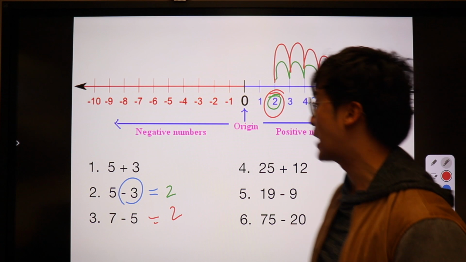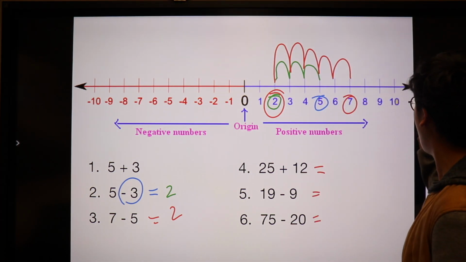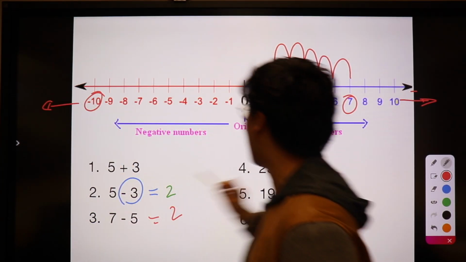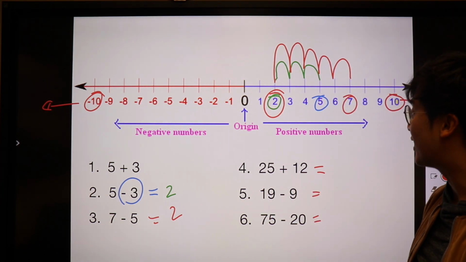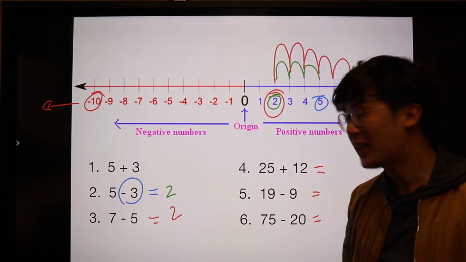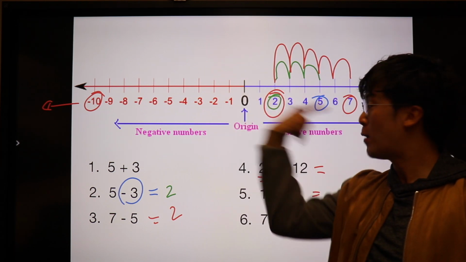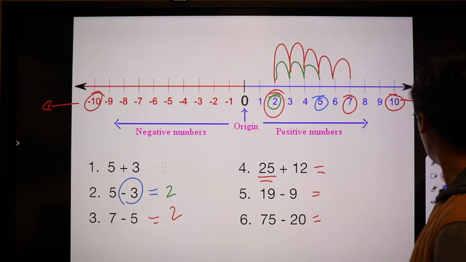And by doing so, you'll be able to answer bigger problems that's no longer in the number line, because the number line is not limited to only negative 10 and positive 10. So if we're working with 25 plus 12, you'll start at 25, you will move 12 units to the positive direction, and that will be the answer to the problem that you are working on.